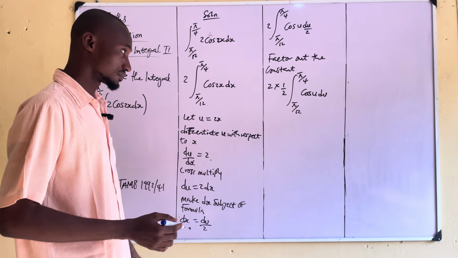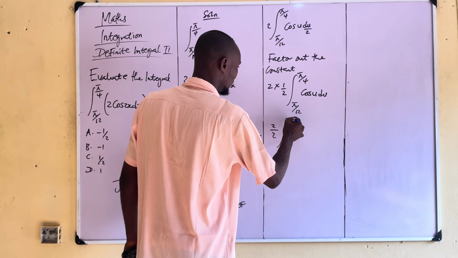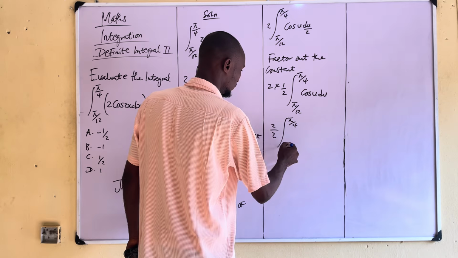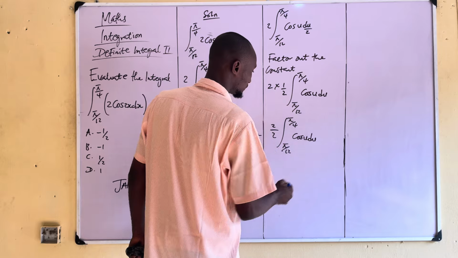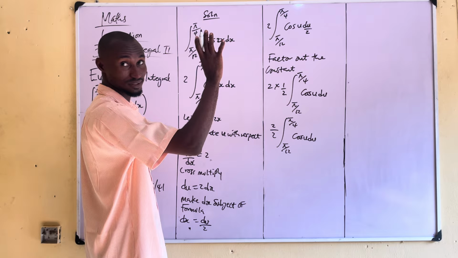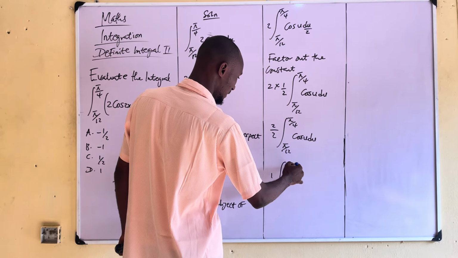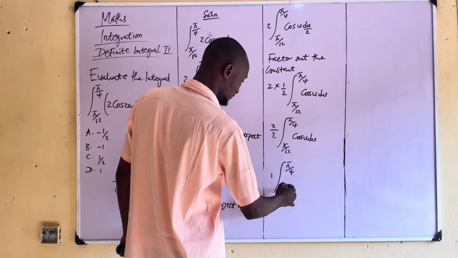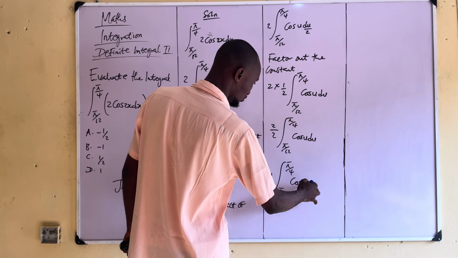This is already 1, so you just have 1 times the integral of cos u du.